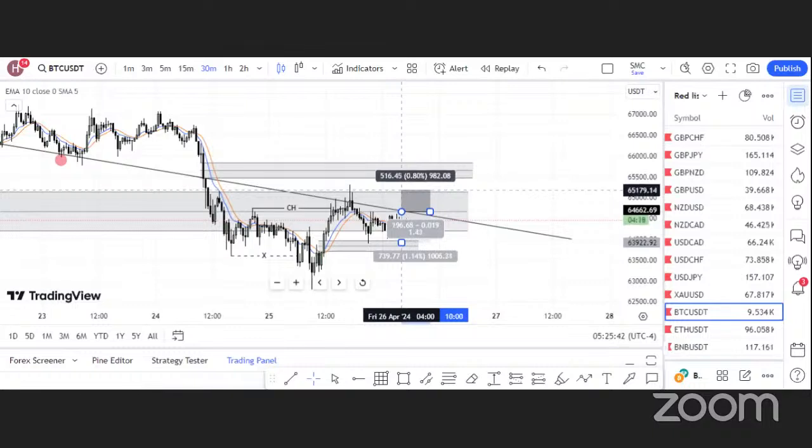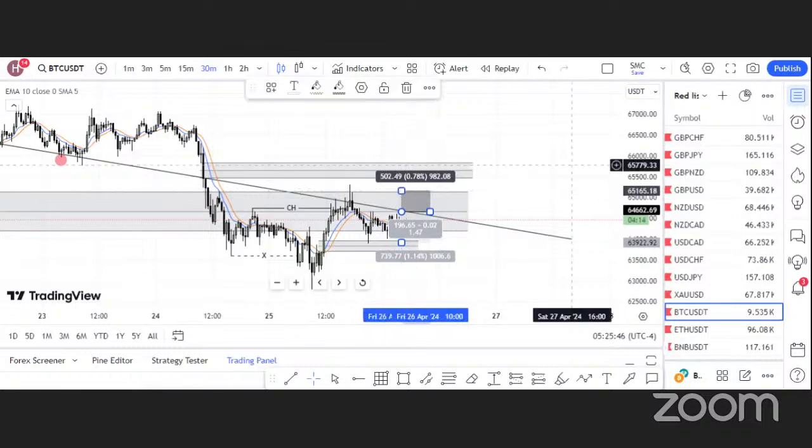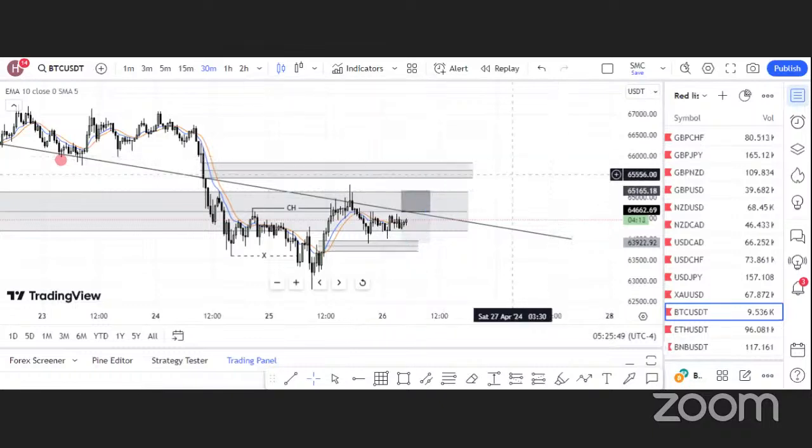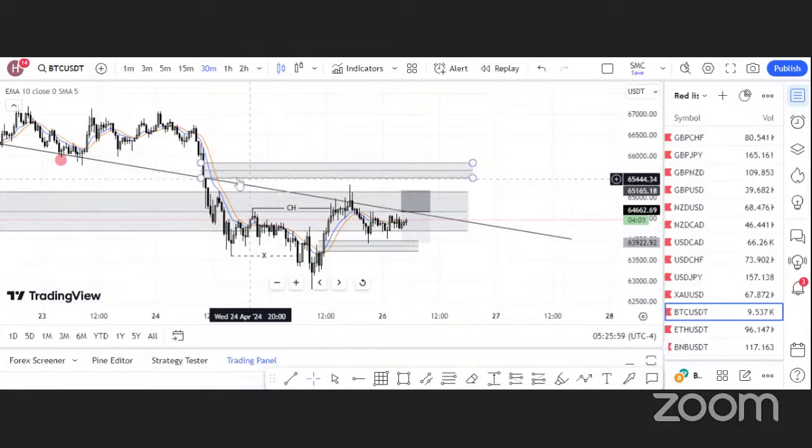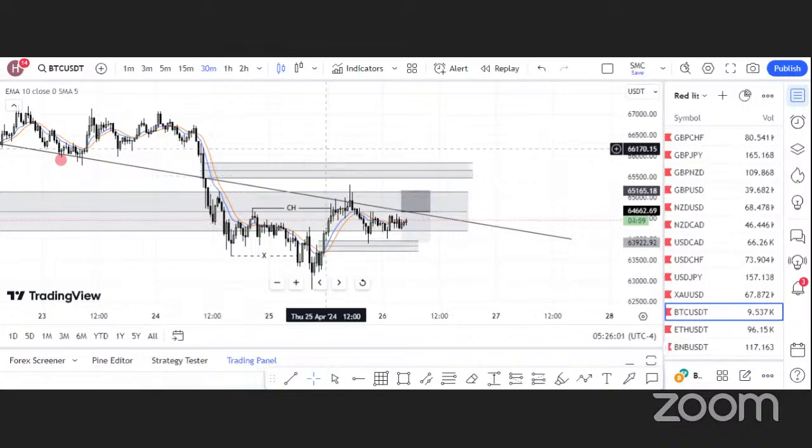Okay, I don't think the market will go above this level. If the market does go above the level, then this setup becomes invalid. Okay, because here we are trading the trend line.